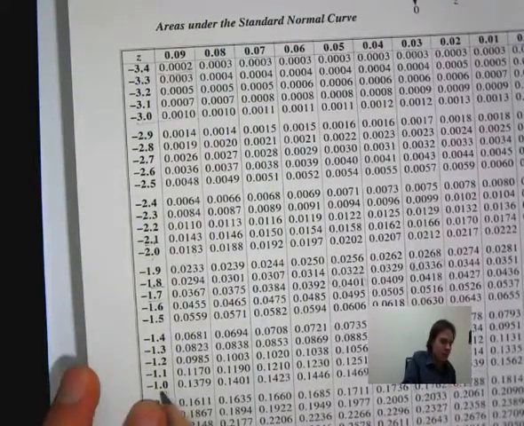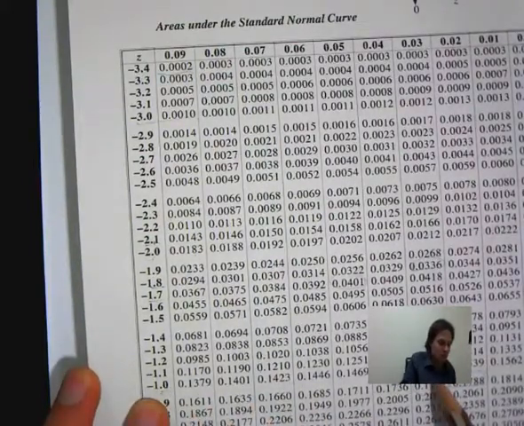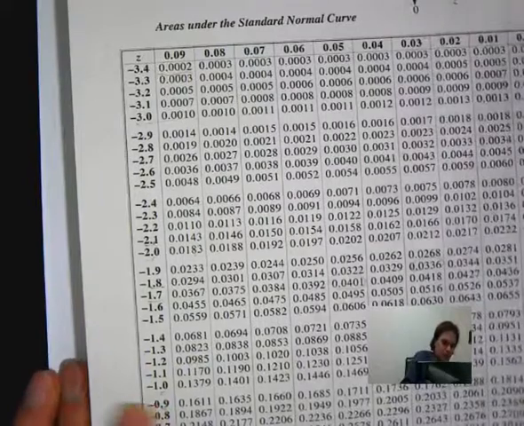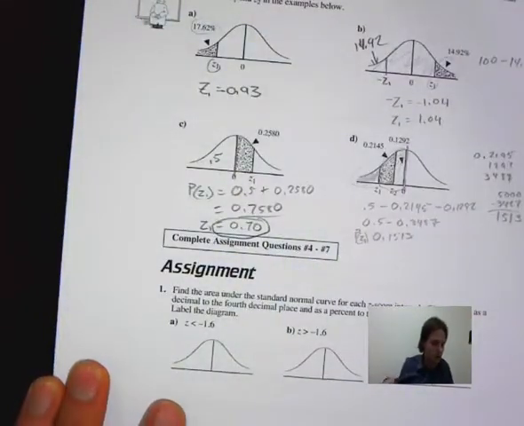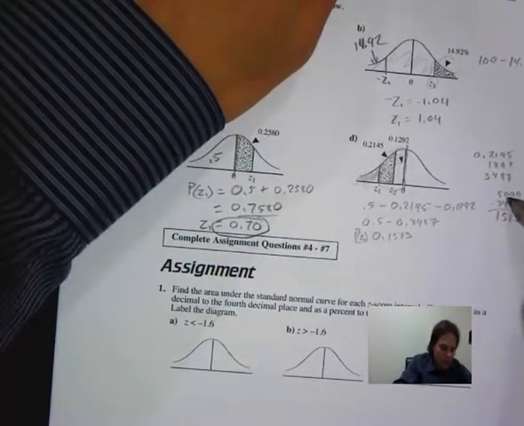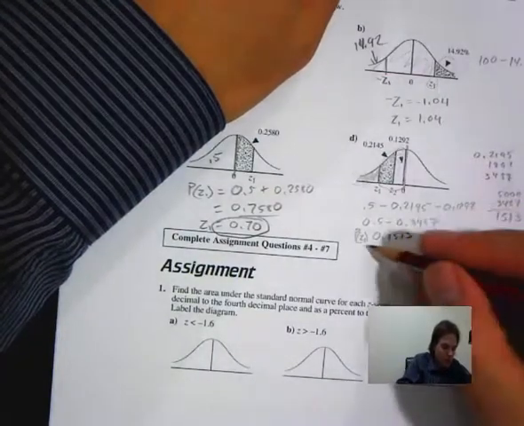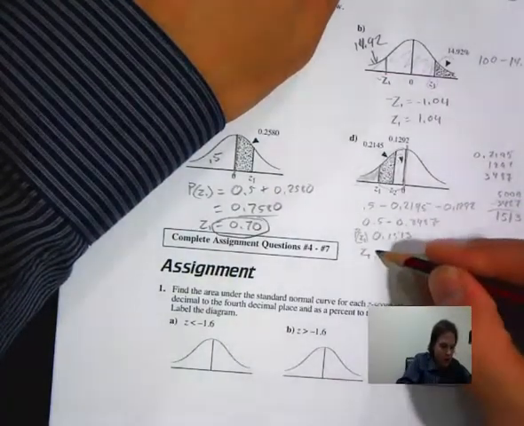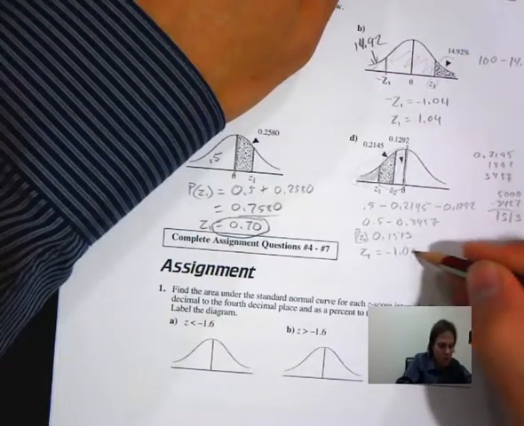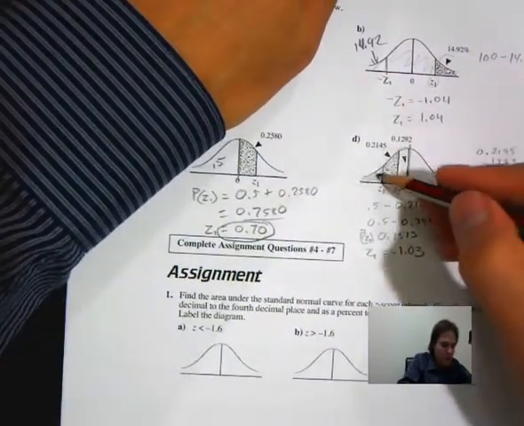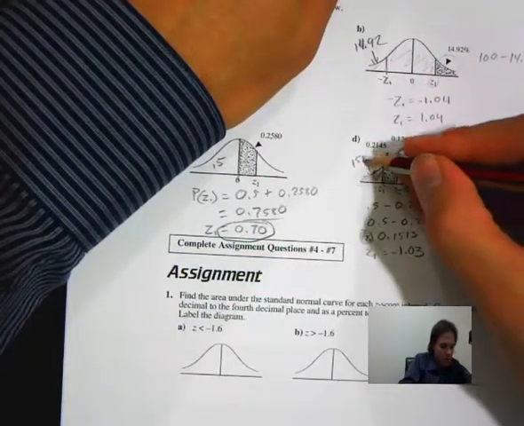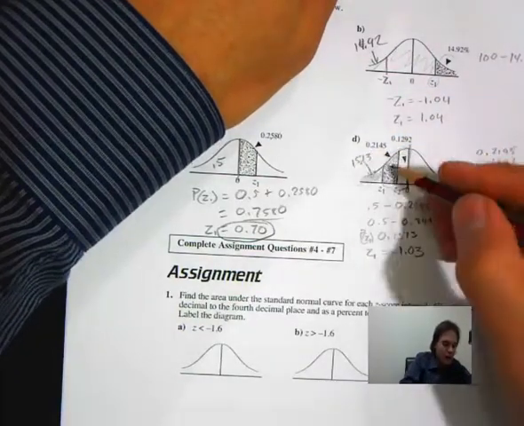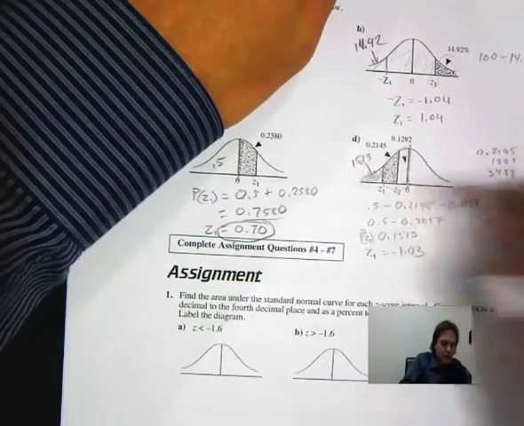I'm going to say it's negative 1.03. So Z1 is equal to negative 1.03. Okay, so now I know this, I can find this here, this Z2.